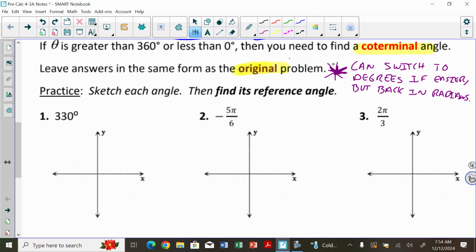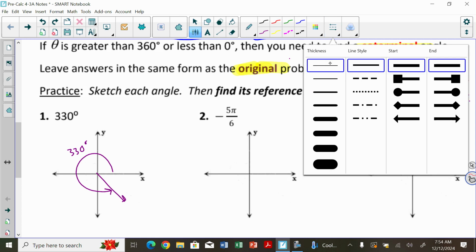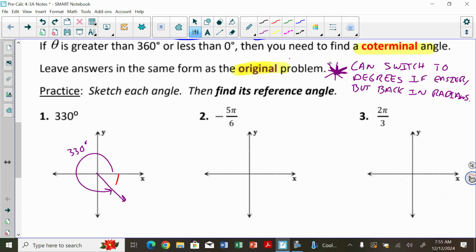All right, so let's try some of these. So we've got 330 degrees. So our first angle as we graph is going to be here, all the way around to about here, right? 330, give or take. Okay, so this is 330 degrees. And I'm actually going to put an arrowhead here because that's the initial angle. And so my reference angle will be right here, okay?